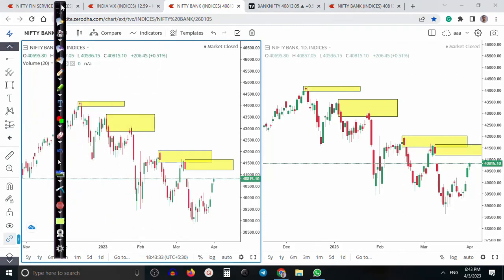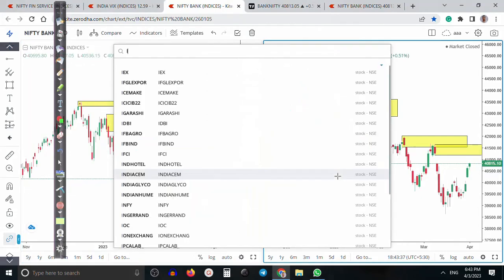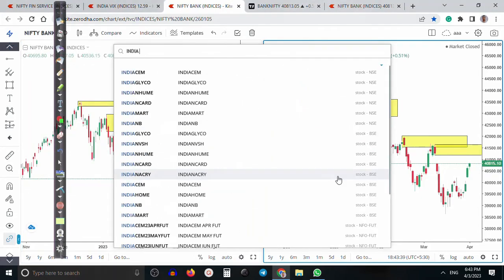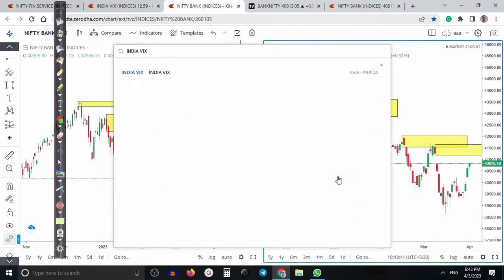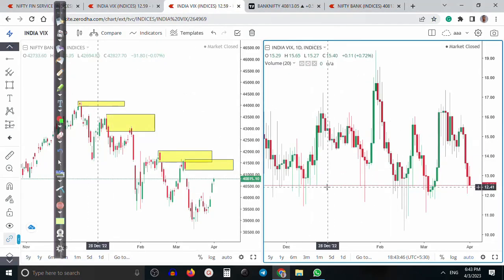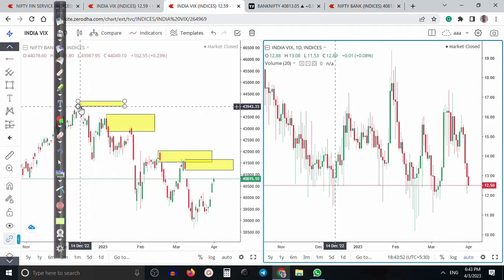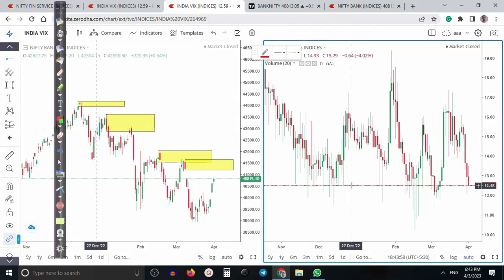Okay, perfect. And here I use India VIX, on the daily time frame. Let me zoom a little bit. When I connected this line it automatically shows here, so let me draw a horizontal line connecting this area.